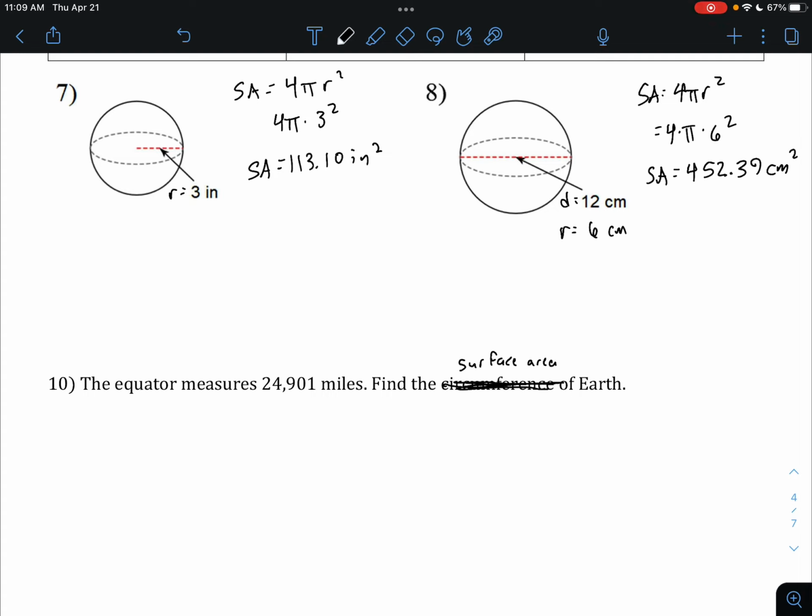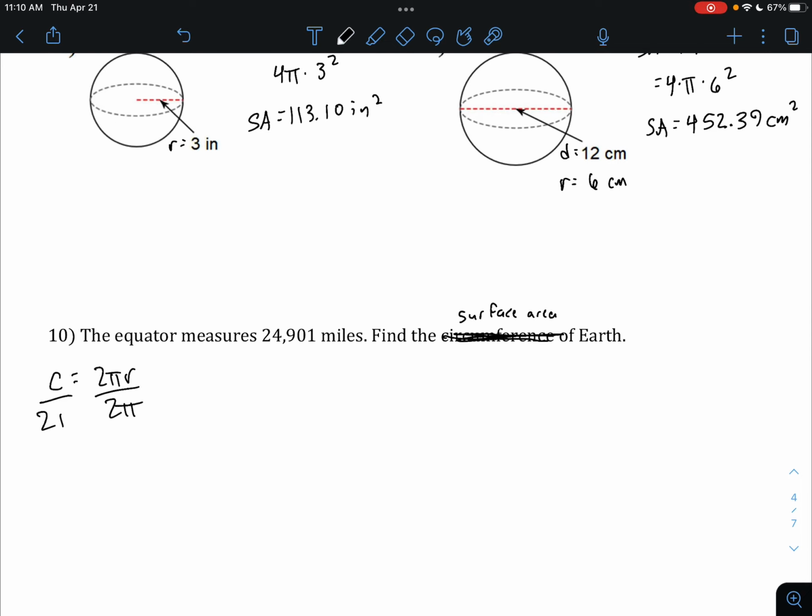And to find the surface area, we need the radius. So we're going to have to work backwards here for a second. Given our equator, that's our circumference. We know that the circumference is 2 pi times the radius. So if we want to get the radius by itself, we have to divide 2 pi r by 2 pi and the circumference by 2 pi.